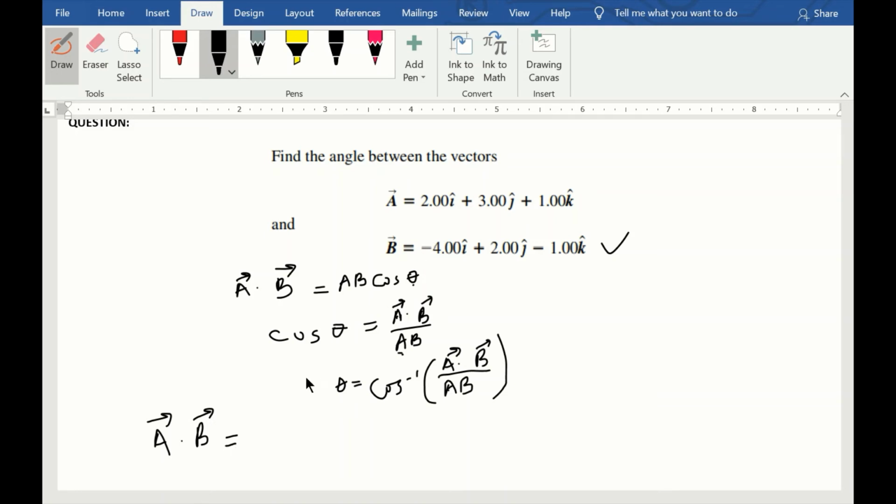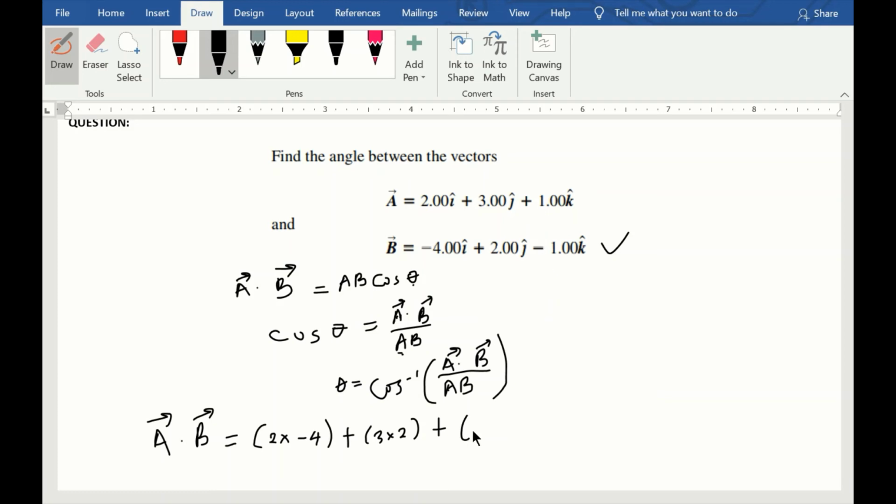So step one, I multiply the x components, which are 2 and minus 4. So I have 2 times minus 4, plus for the y, 3 times 2, plus 1 times minus 1.